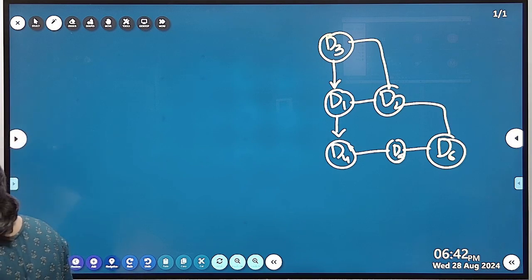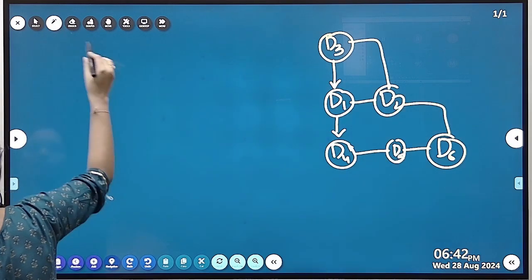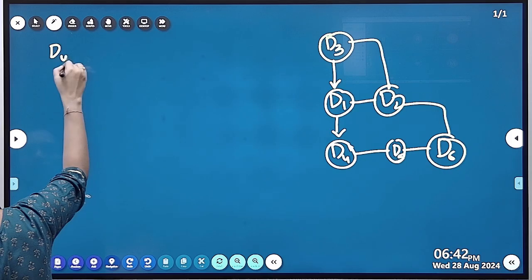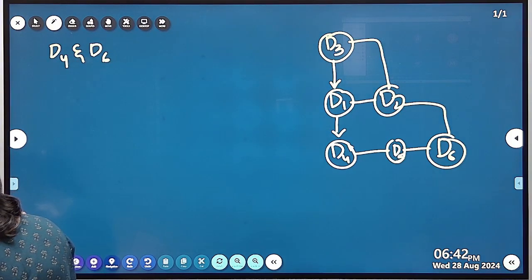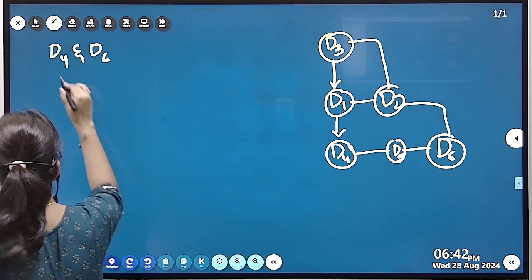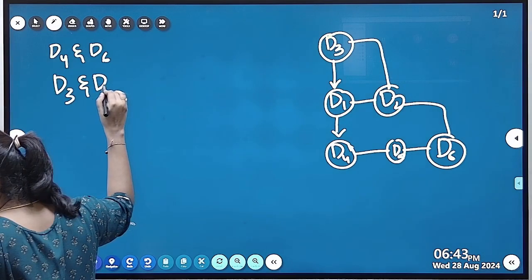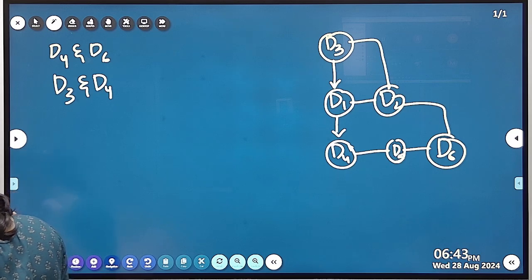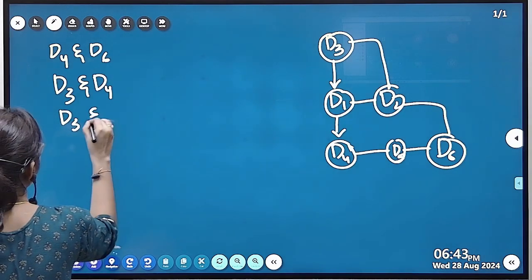D4 D6. Yes, D4 and D6. Next D3 and D4. Next D3 D5. Yes. D3 and D5.